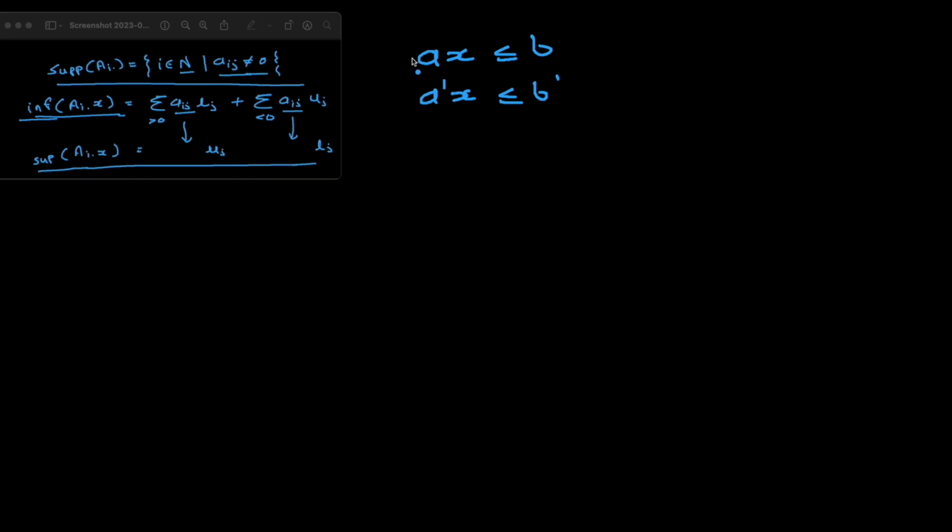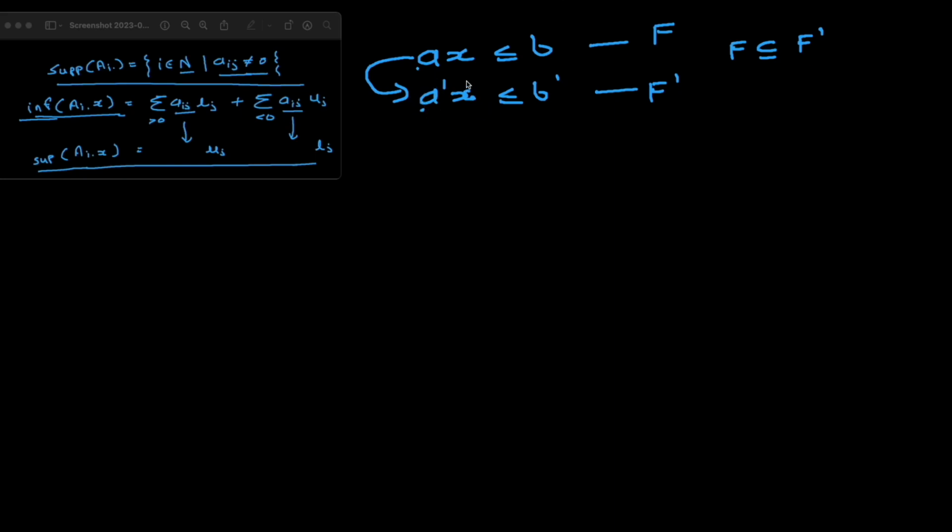So we'll say that this constraint dominates this constraint. When can we say that? Let's say that the feasibility region for this constraint is F, and for this constraint is say F prime.